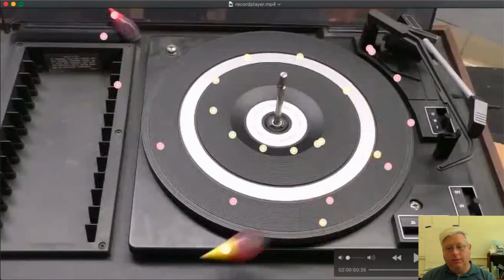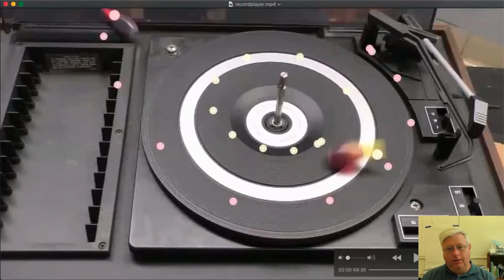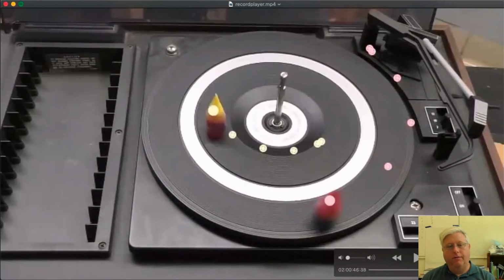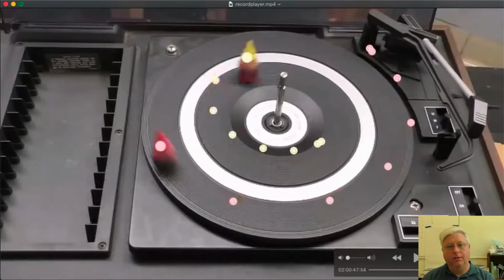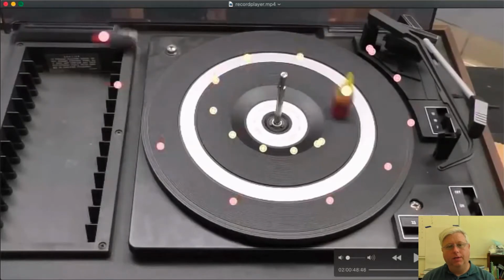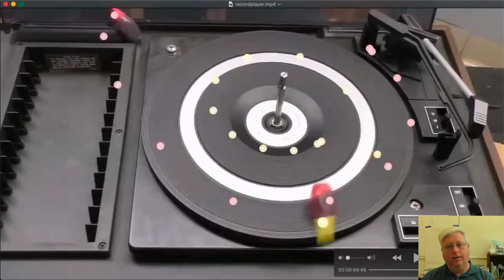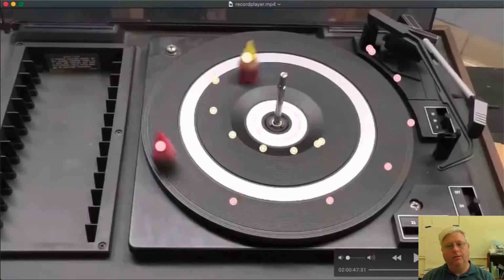And one interesting thing to note here is which bottle flew off first? Right, was that the red one, wasn't it? Okay, and that's how we can also see that the further you are, the greater the tangential velocity is.